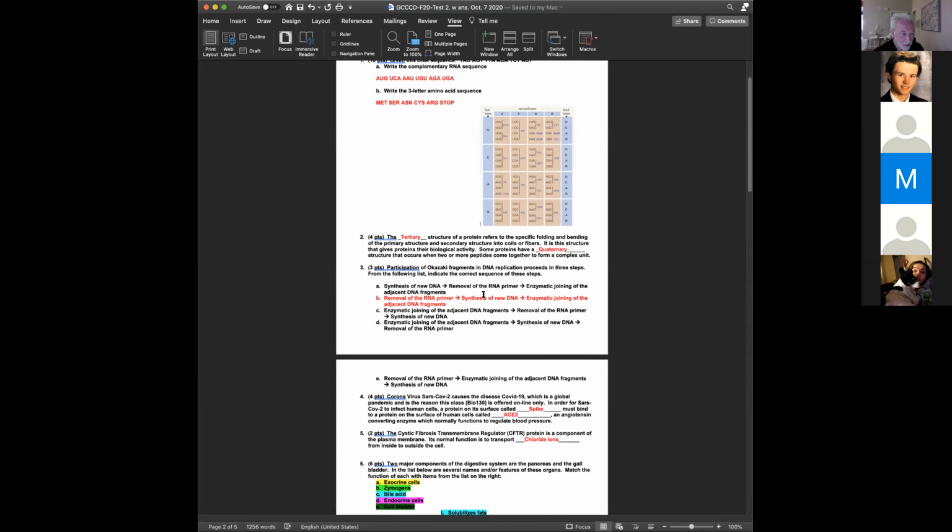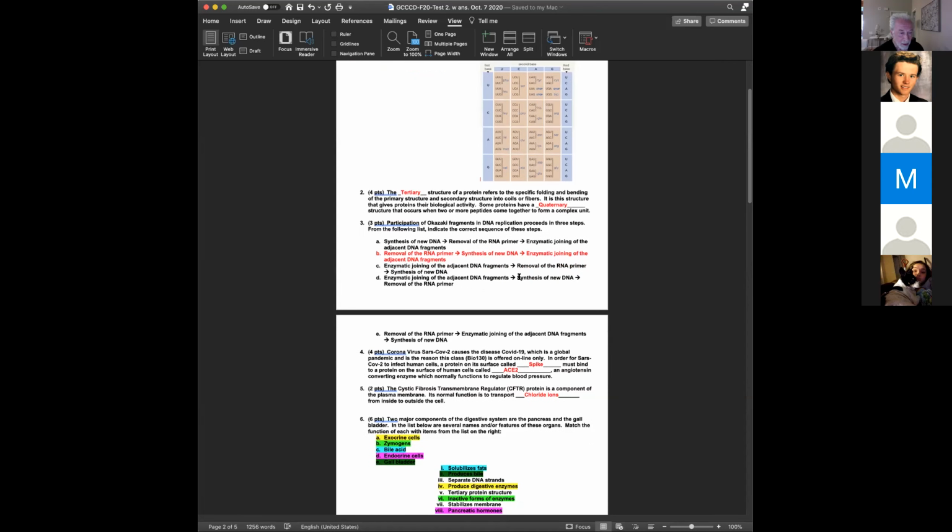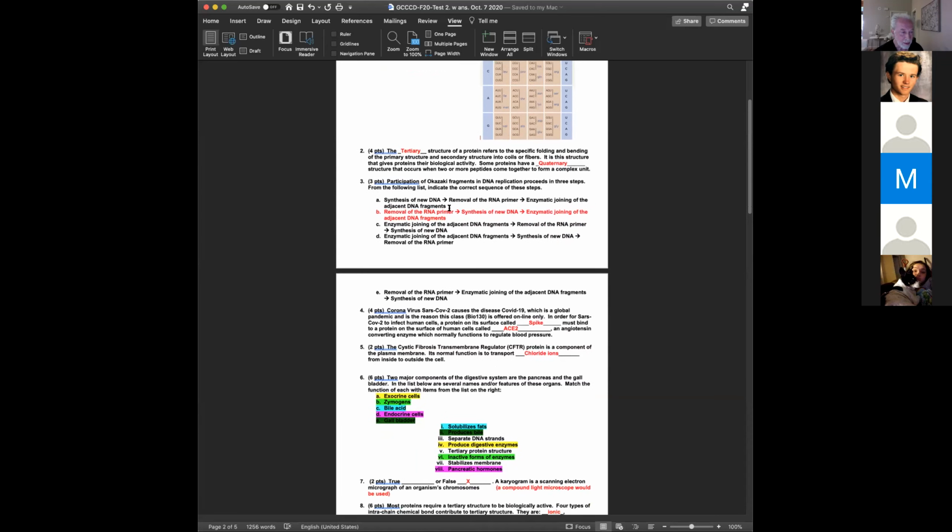The third question, I wanted to get a perspective on the copying of DNA. And remember, we went through all the enzymes involved in the production of new DNA fragments. And so part of that has to do with the Okazaki fragments, and that's what this question is about.